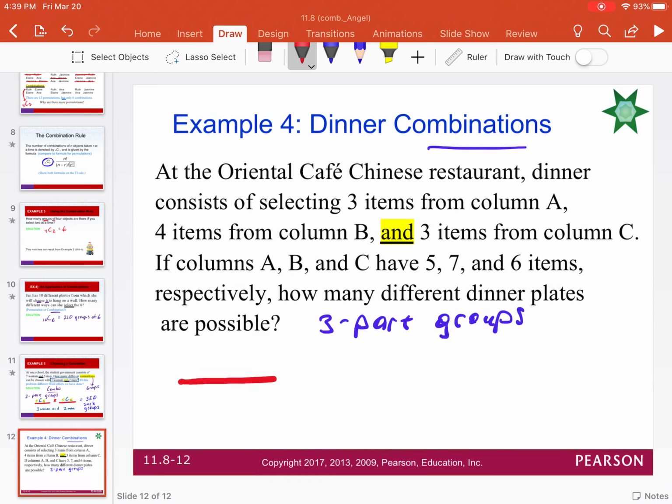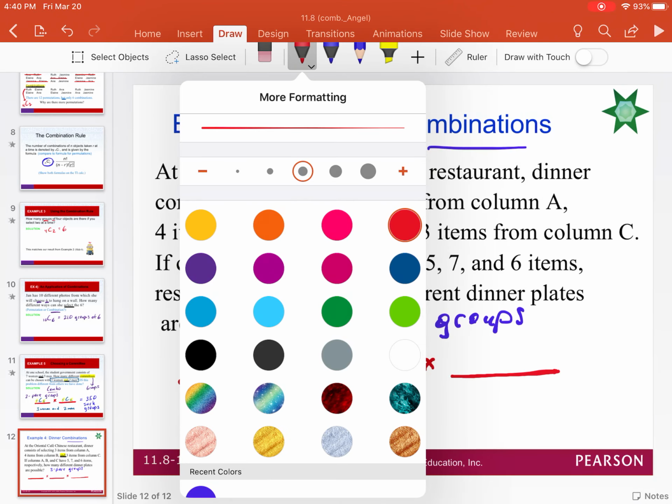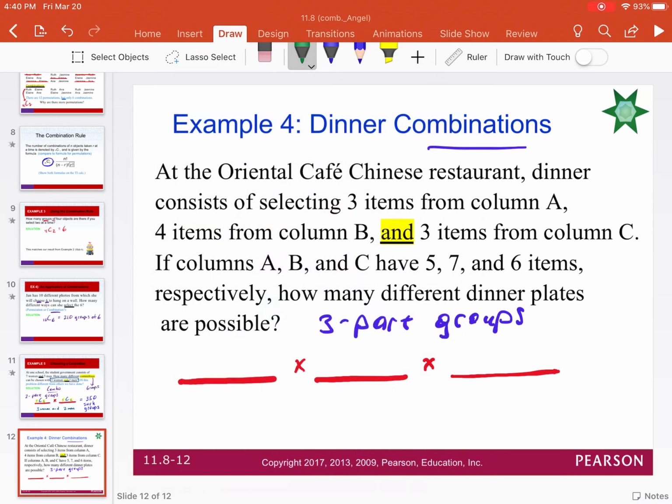I'm going to have the first item and from B and from C. So I've got column A, column B, column C.